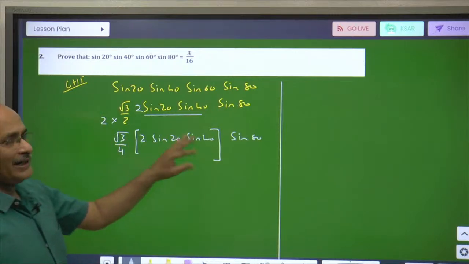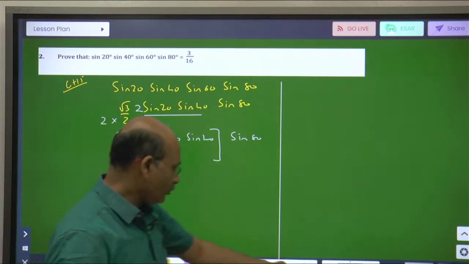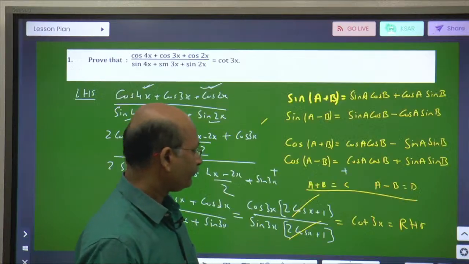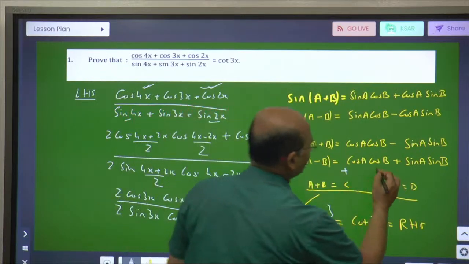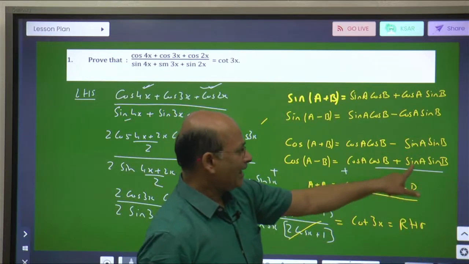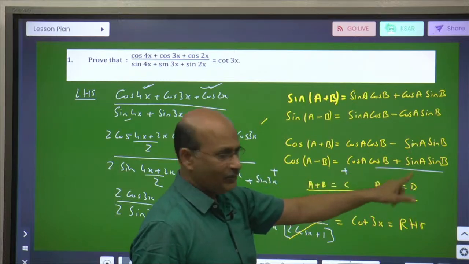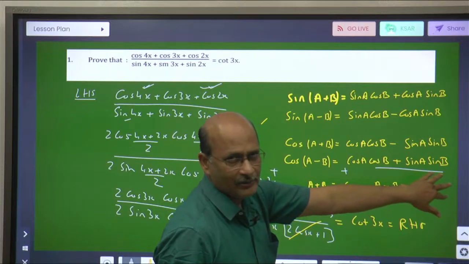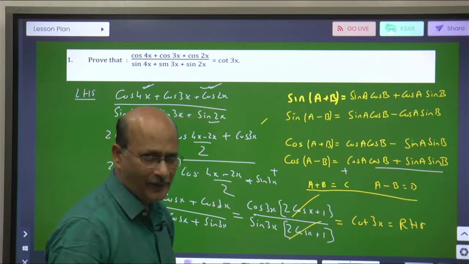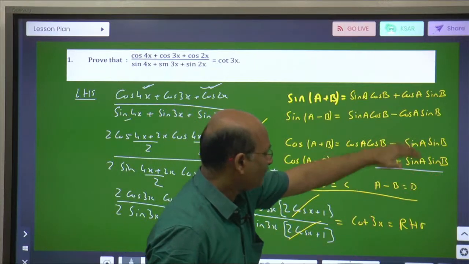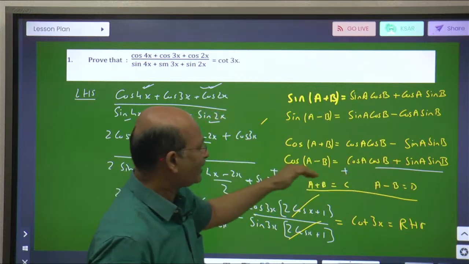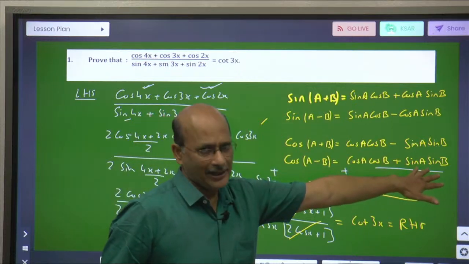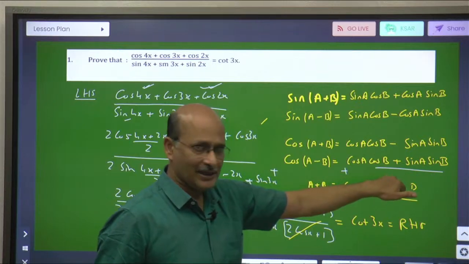Now 2 sine A sine B, I want to take you back again. How do I get 2 sine A sine B? If I add, it will become minus 2 sine A sine B. So the subtraction of cos will give you 2 sine A sine B, but with a minus sign.